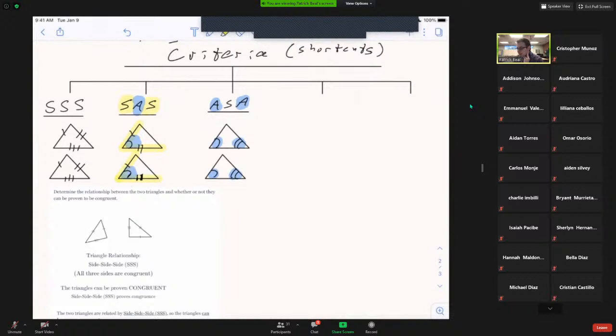But then the side, this time notice the side is in the middle of the two angles. So again, I can't just pick any side. For example, I can't pick this side. Is this side in between the blue angles?